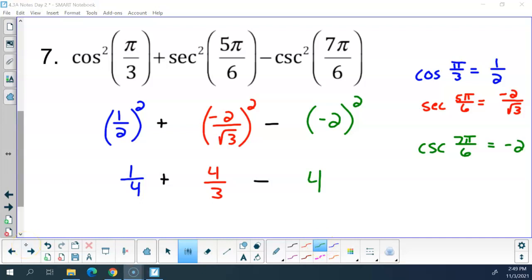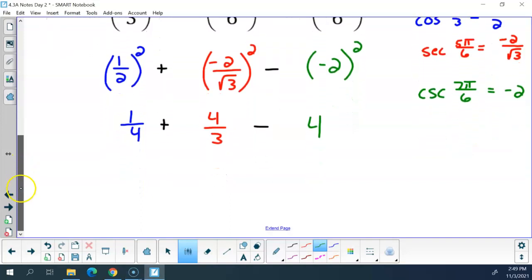So if I'm going to combine them, what do we have to do? Common denominators. Common denominator is going to be 12. First one, 3.